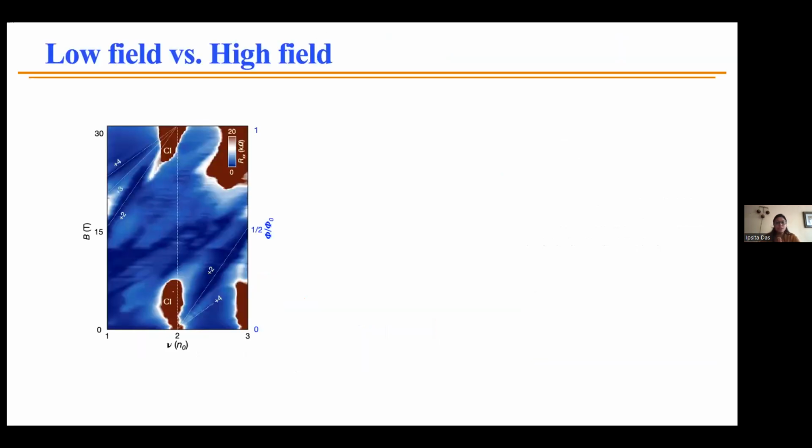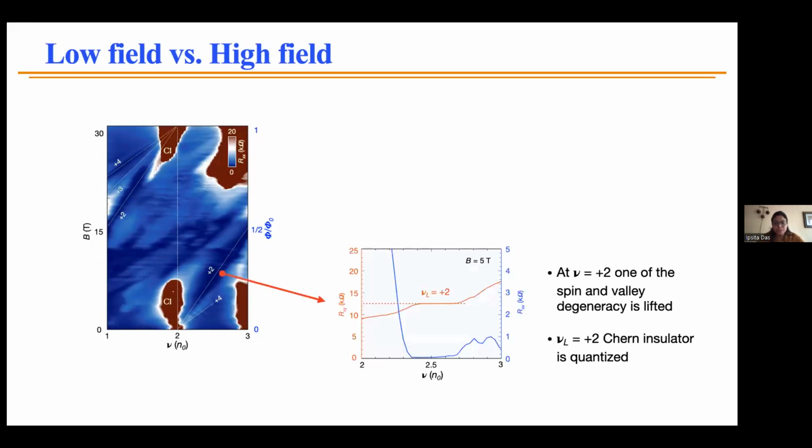But if we closely look at the low field versus high field data, here my carrier density is restricted between 1 to 3, because at filling factor 2, I have a strongly correlated insulating state, and I have different Landau levels emerging from that. Okay, so if I just consider one of these Landau levels, then I'll see it is perfectly quantized at filling factor +2.